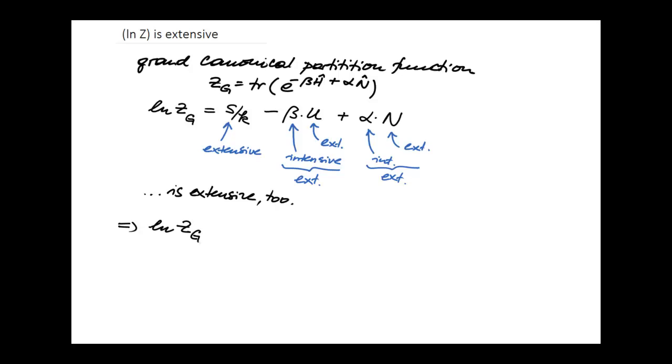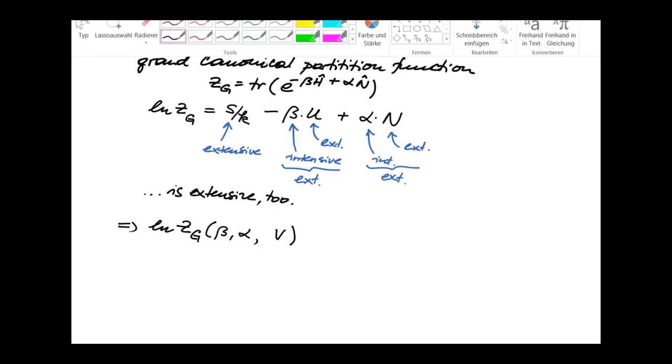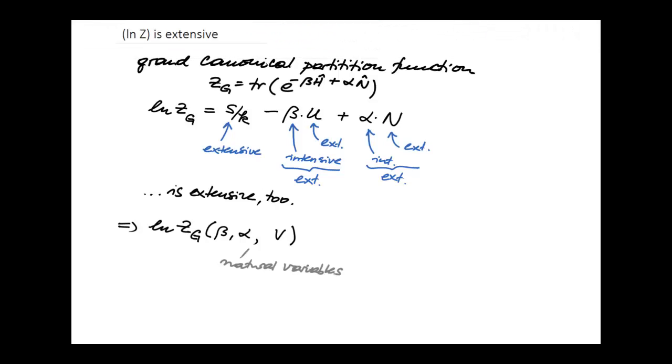Let's look at the log of the grand canonical partition function for the probe. Now, the grand canonical partition function has as its natural variables the two Lagrange parameters, beta and alpha, and the volume, which is an external control parameter. So these are the natural variables of the grand canonical partition function.